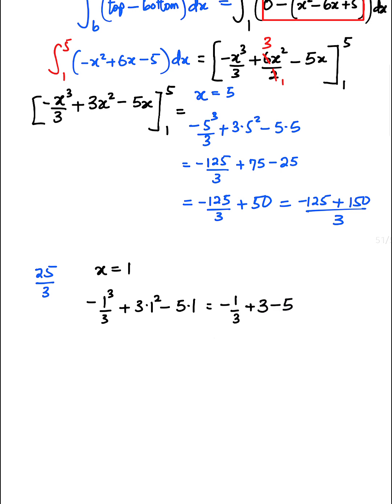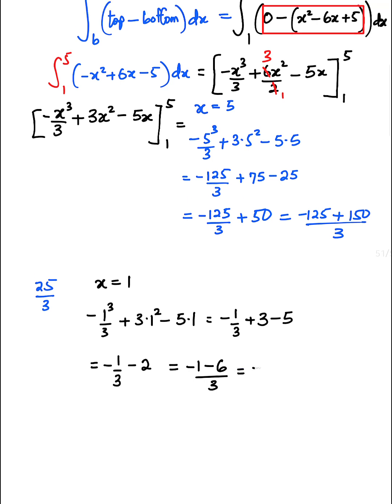Okay, which also gives us negative 1 over 3, then minus 2, which then gives us, if we multiply the whole of this by 3, negative 1, minus 6, then all over 3.